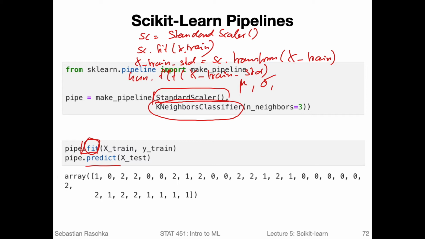So instead of doing these 4 steps separately, the pipe.fit will already do all these steps for us so that the KNN receives the standardized training set.